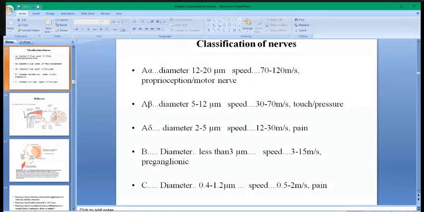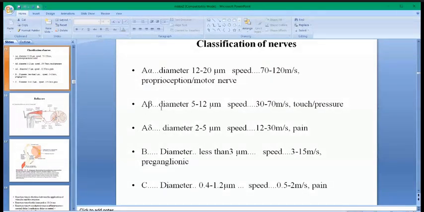So the nerves may be thin, very thin, or thick. A alpha nerve is a thick nerve, the diameter is 12 to 20 micrometer, and the speed of impulse is, say for example, 70 to 120, so remember 60.